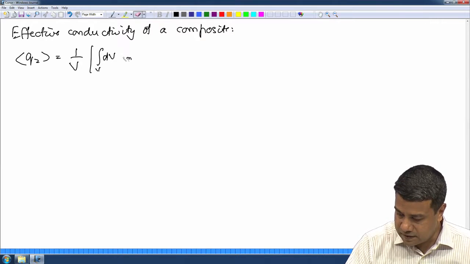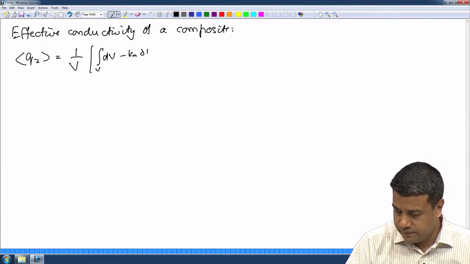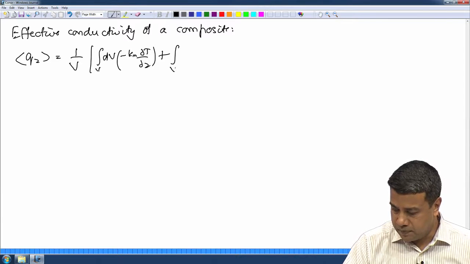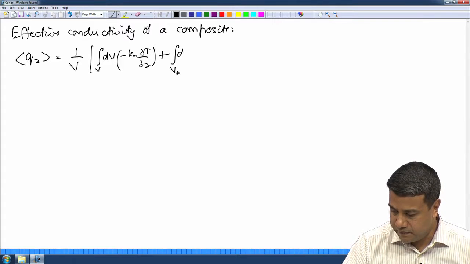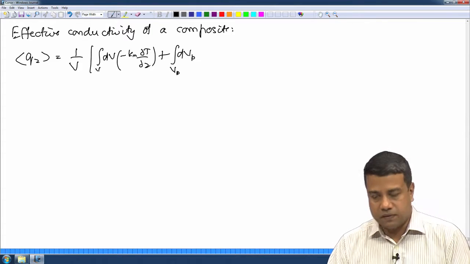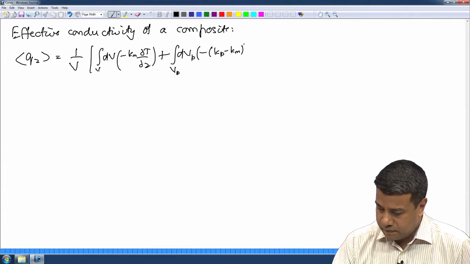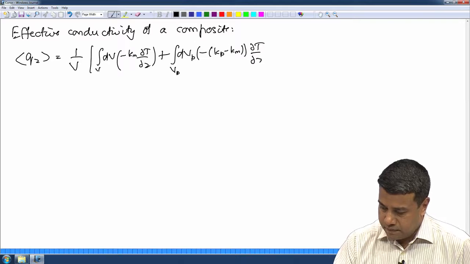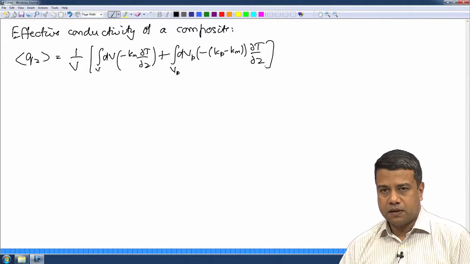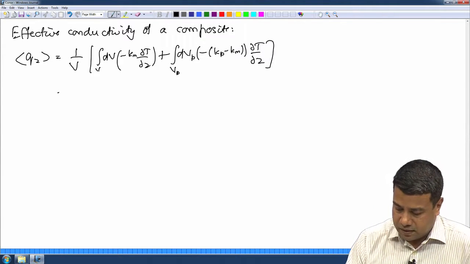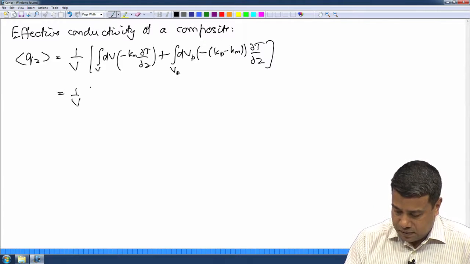I should have a negative sign there because the heat flux has a negative sign. Plus the integral over the particle volume alone. In the first term, the matrix conductivity is a constant, so I can take that out.